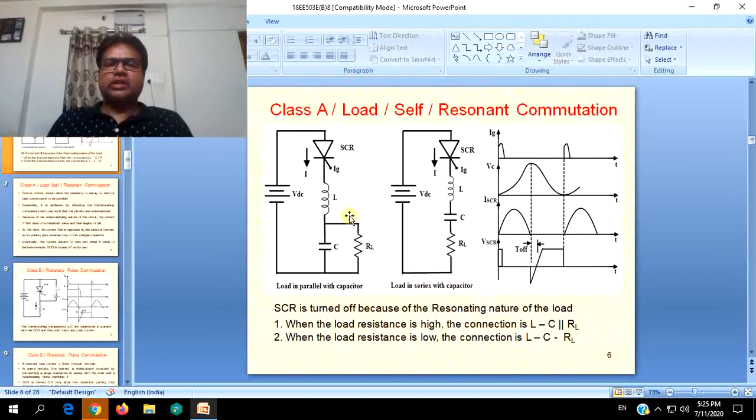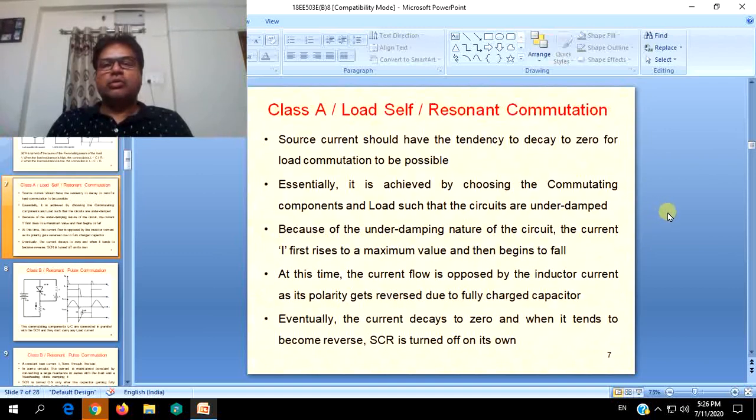In case of class A commutation, in both the configurations, load current will be flowing through the commutating components, so they have to be rated for higher currents and voltages.